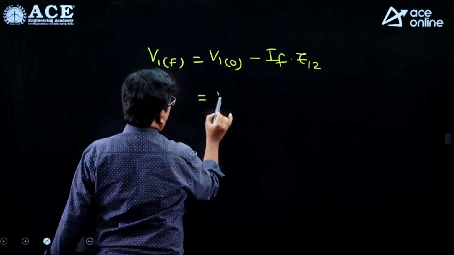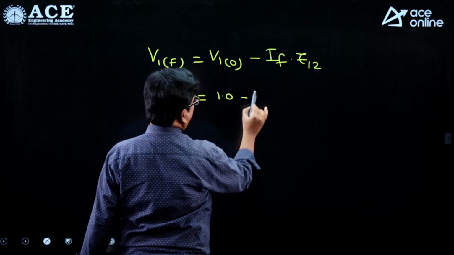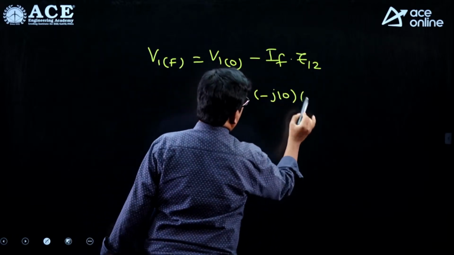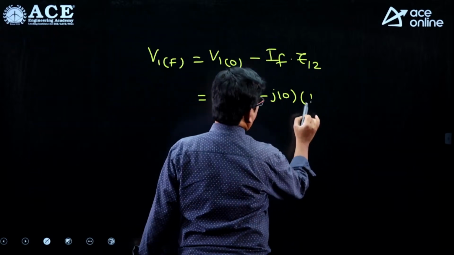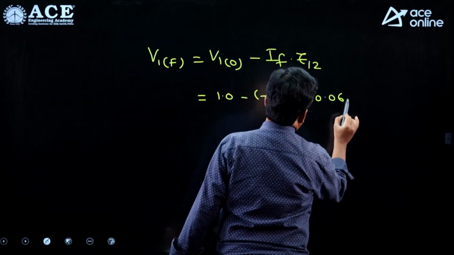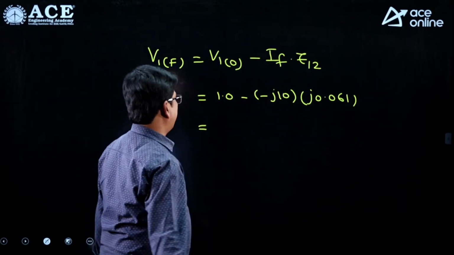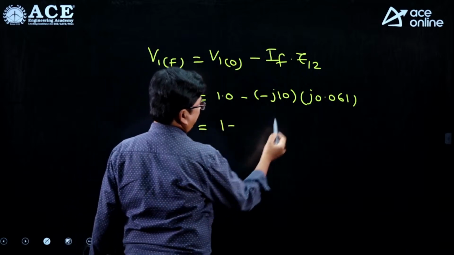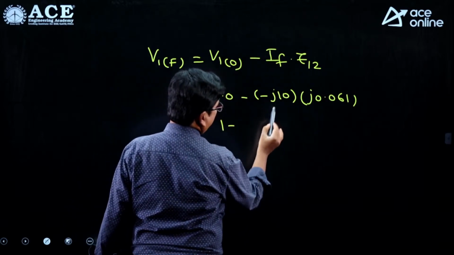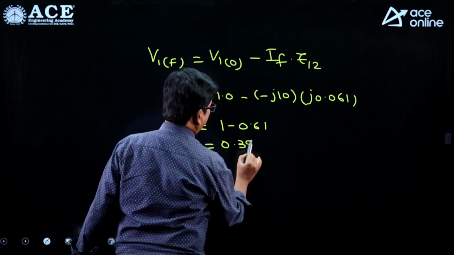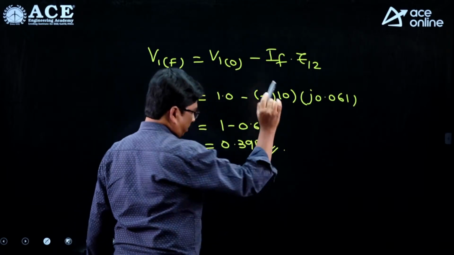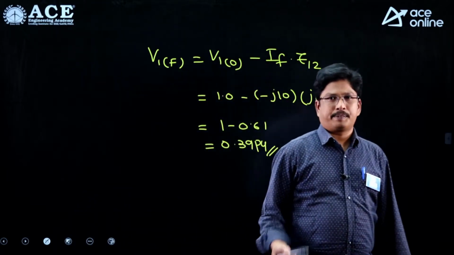So this will be 1.0 minus the fault current, minus J10, into the value of Z12, which is J 0.061. If you calculate this, it is 1 minus 0.61. It will be 0.39 per unit. 0.39 per unit is the answer.